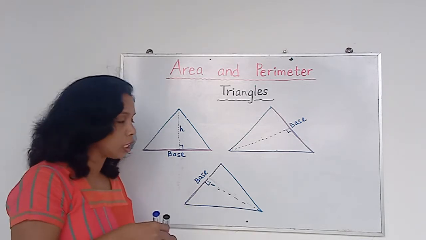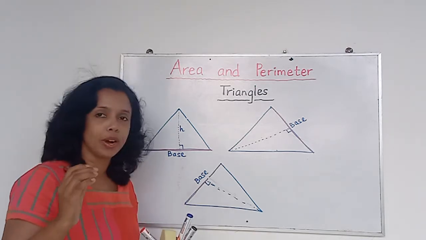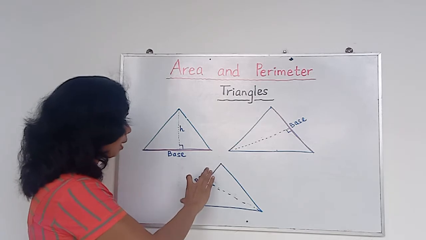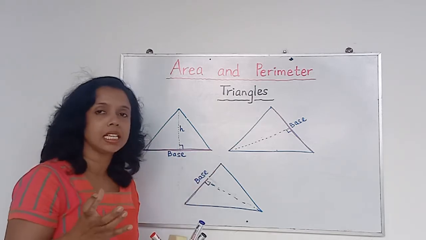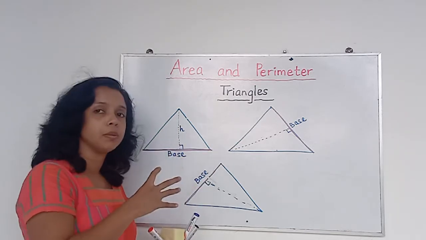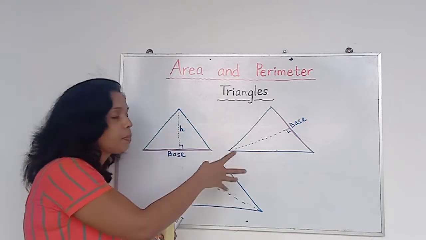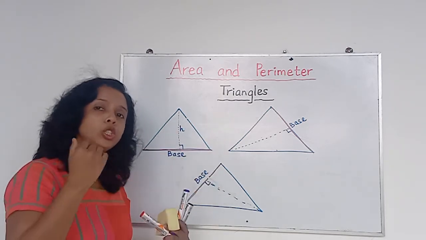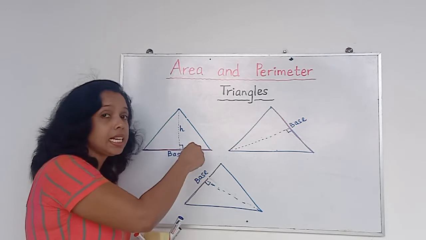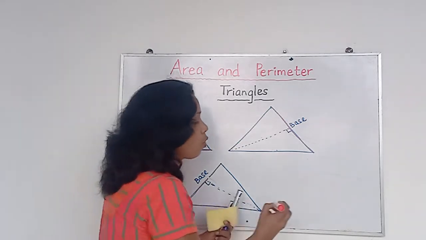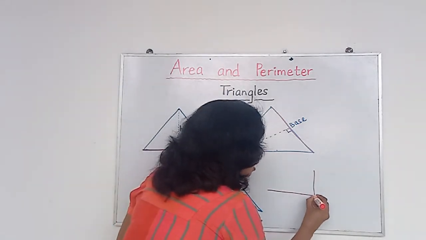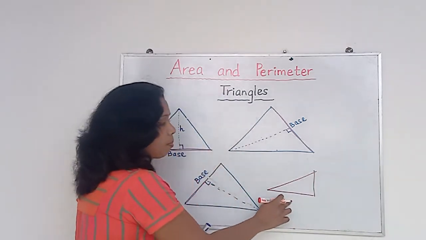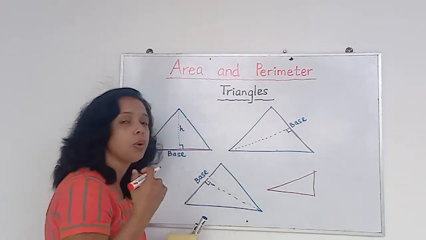Hope everybody understood how we find the perpendicular height and the base when you have different types of triangles. The same triangle I used and showed you has 3 sides. So you don't want to always select the bottom side as the base. That's what I wanted to highlight.